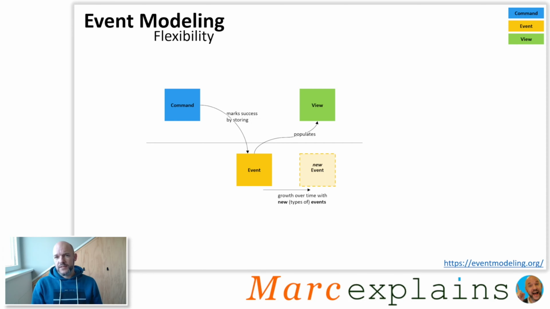And once you have set up your system with your first command, event, and view, incrementing features, so increasing the richness of your application, is just more of the same. It's the same handling of commands, producing events, populating views. So instead of a growing complexity, the complexity stays the same, and it's very clear what is added and what should be added.